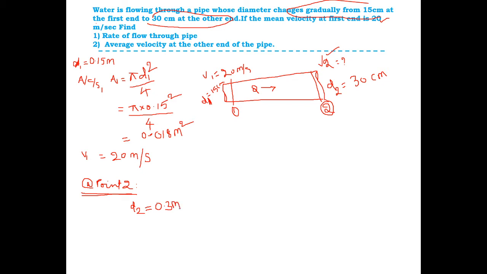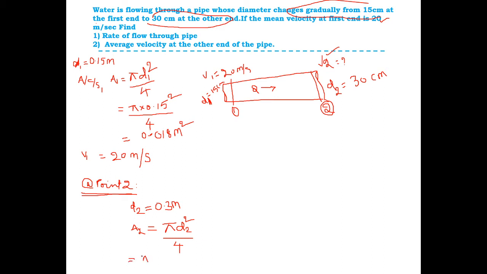Clear? Next, A2. Area of cross section at point 2, that is A2, is equal to pi D2 square by 4. Then how much area we will get?